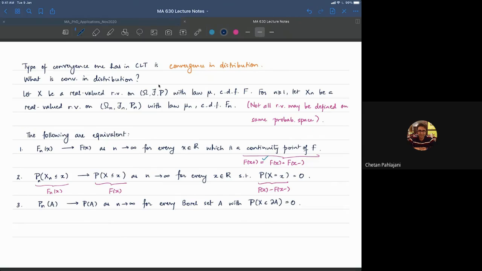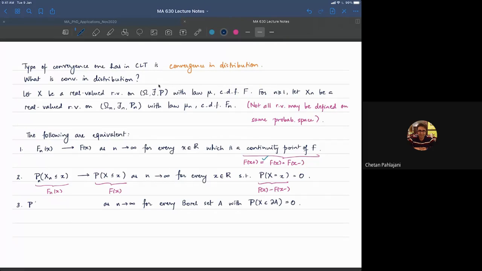Here is the thing. Your first instinct may be that xn converges to x if for any set A, Pn of A converges to, oh, no, this is not correct. Sorry. Remember, the A's live on the real line.